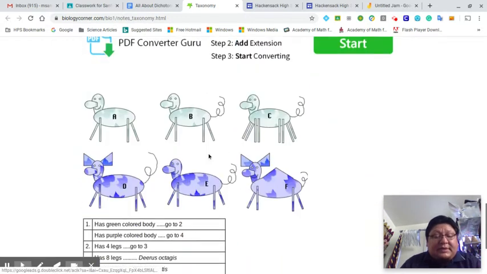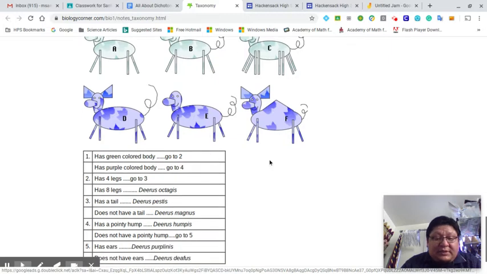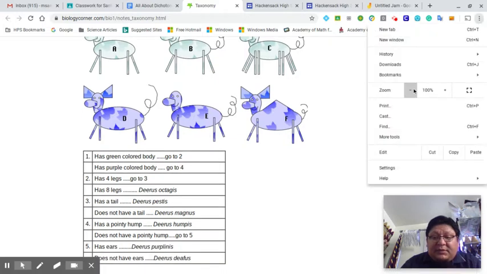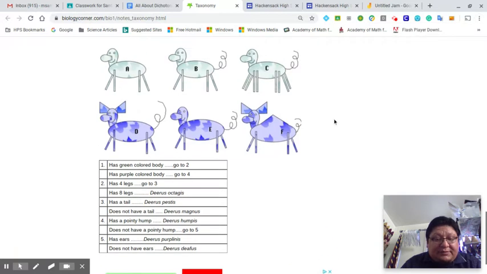All right. Here's a very easy dichotomous key. Let me make this a little bit smaller. And the purpose of this is to find the scientific name of these creatures. For example, creature A, it has a green colored body, has purple body.